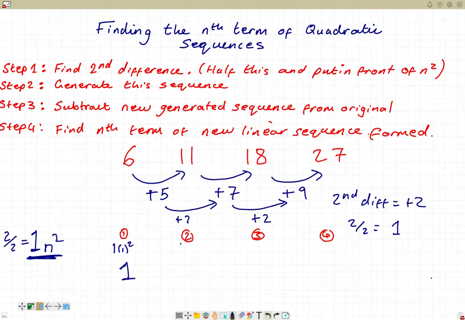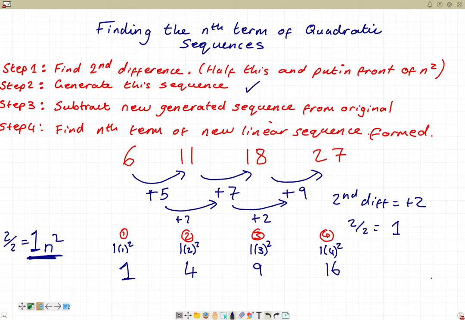Now I substitute 2 into 1n squared. 2 squared is 4, 4 times 1 is 4. Substitute 3 into 1n squared. 3 squared is 9, 9 times 1 is 9. Then substitute 4 into 1n squared. 4 squared is 16. So I'm done with step 2 now.